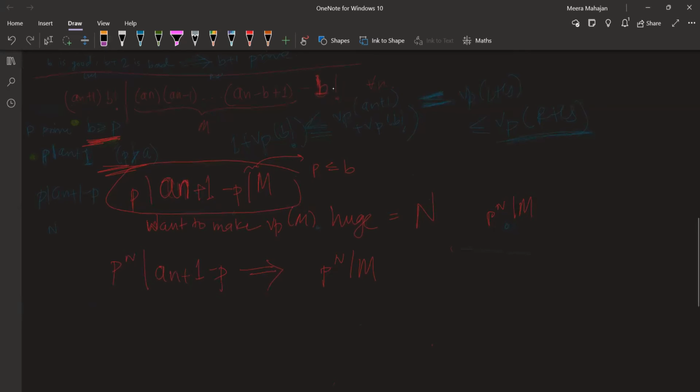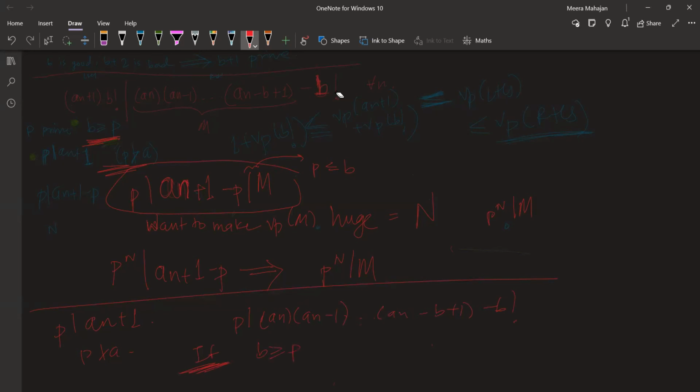So now we took, I'll explain again, we took P divides AN plus 1. This needs P does not divide A. And this just gave us the fact that P divides AN minus 1 all up to AN minus B plus 1 minus B factorial.